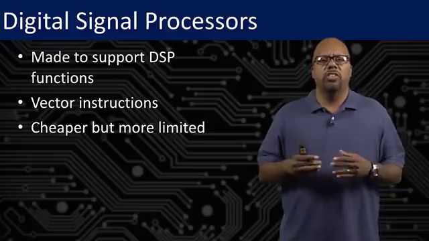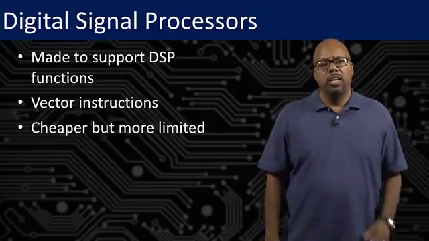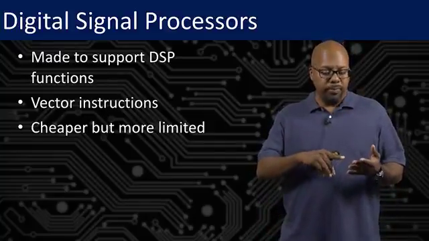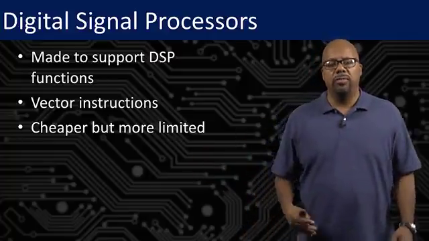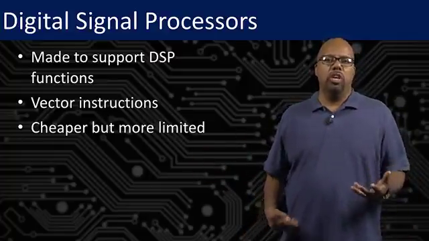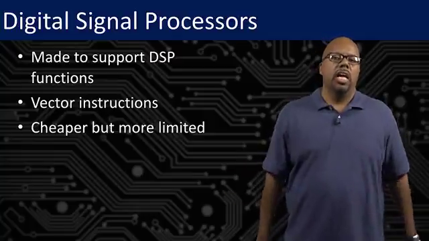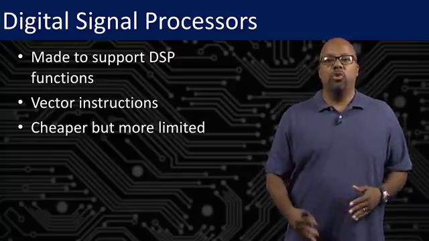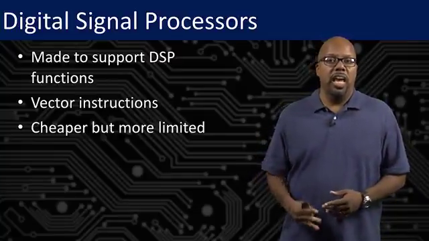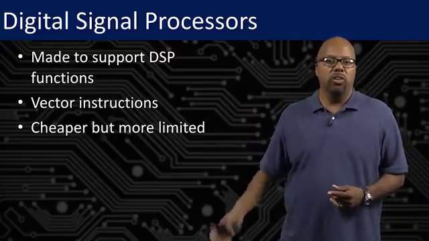They have special instructions for that. They have what are called vector instructions. Vector instructions are instructions that do the same thing to lots of different data. So for instance, say you've got add. With add, you might take two numbers and add them together and get a result. A vector add might take 32 numbers, add them to another 32 numbers, and get a 32 number result.